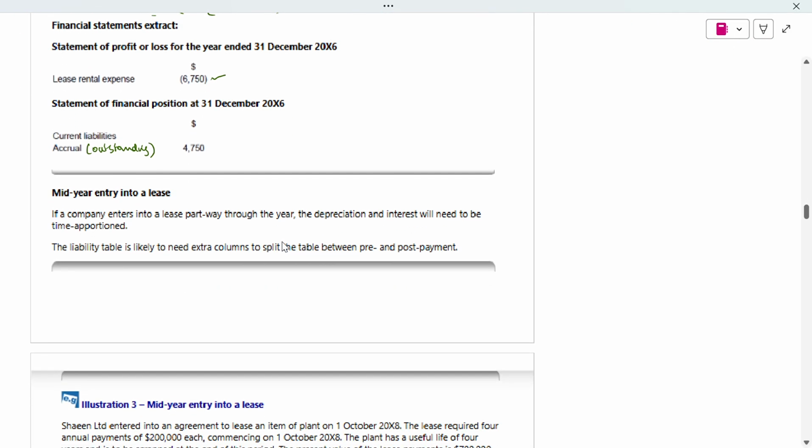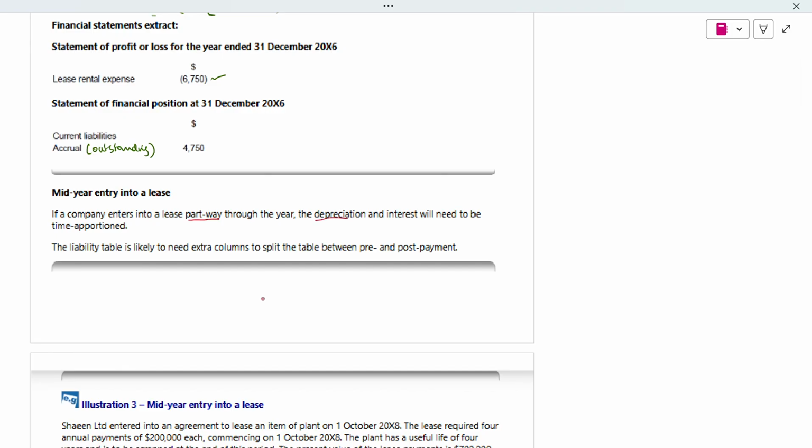Now, a little bit more specific. Once we complete this one, we can take that one. If the company enters a lease part way through the middle of the year, what we have to do is simple.